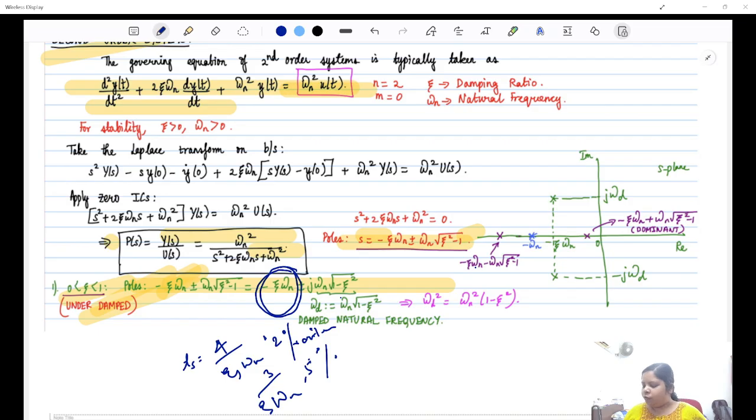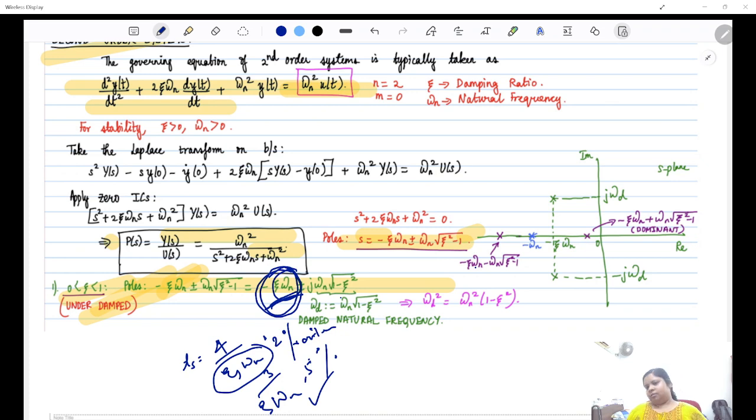So from here you can see the real part is minus zeta omega n, right? This zeta omega n comes in settling time as well. That means the real part of the pole has a direct impact on settling time.